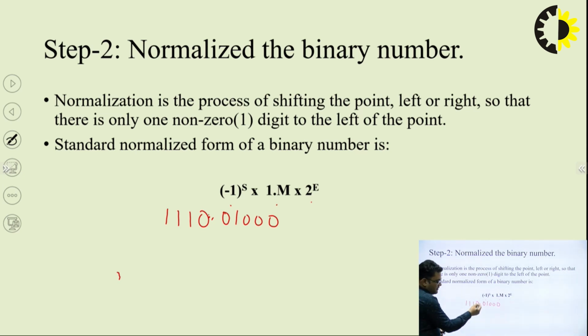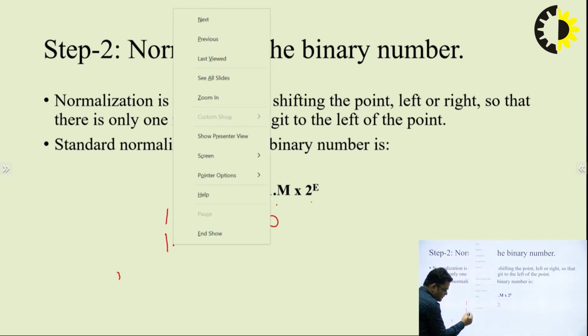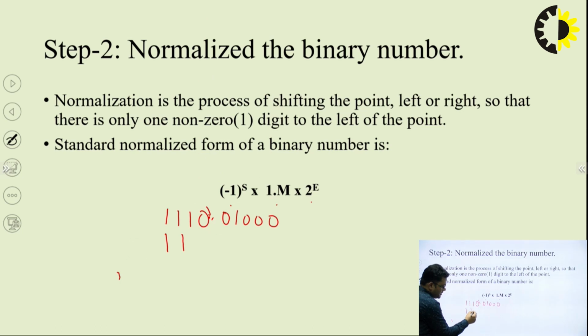For that, obviously we need to shift this point towards the left. So if we shift this point towards the left, 1, 2, 3, that means we have to shift this point 3 times towards left.